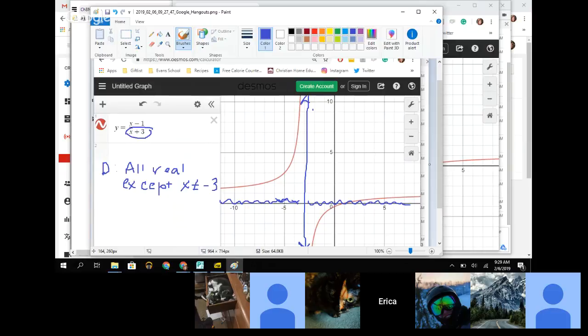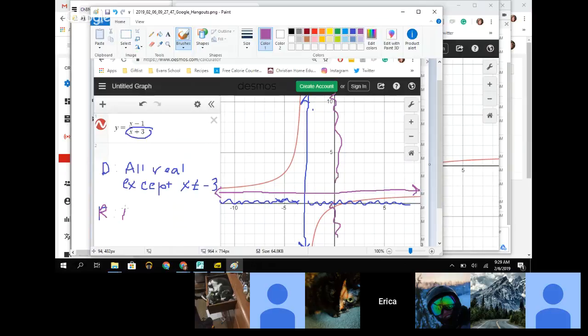All right, so then let's talk range, all right? I want a different color. There we go. Let's talk range. Range are your y's. So if I look at my graph, I appear to have an asymptote right here for my y's, right? Down here.